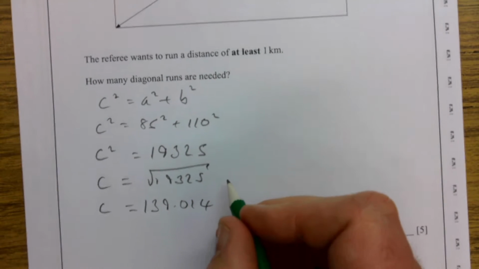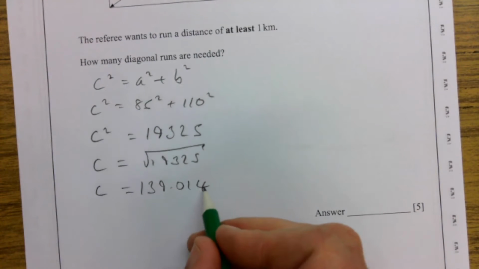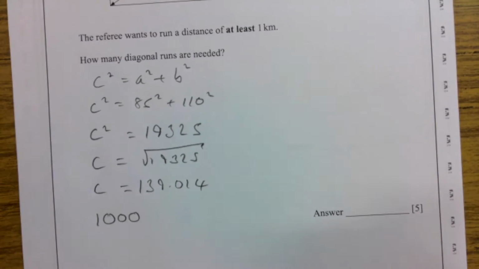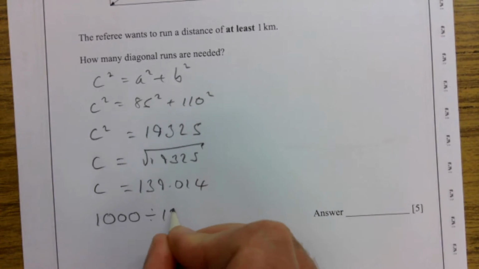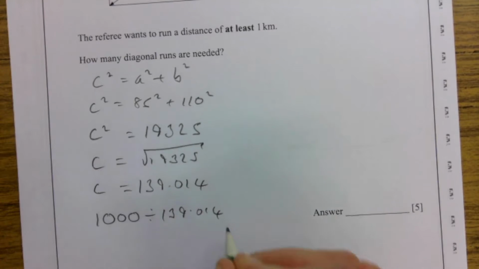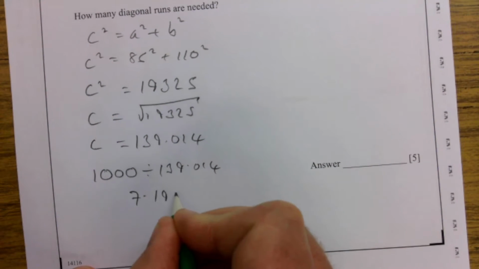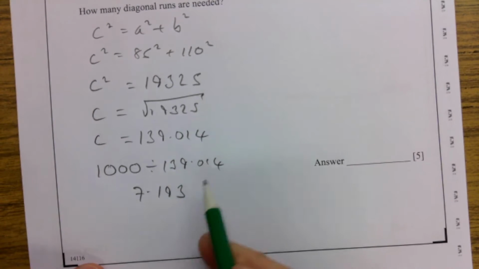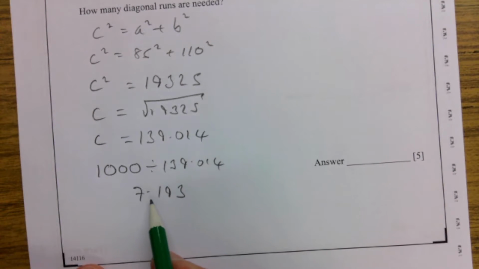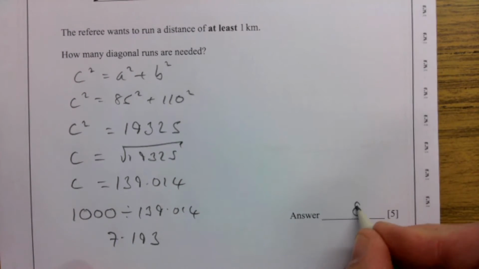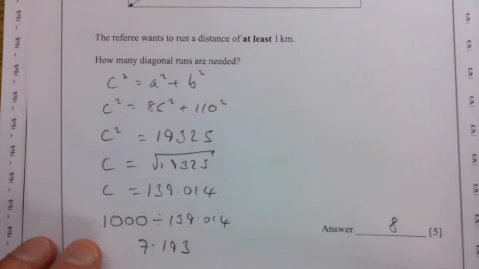So it's 139 metres, so we need to do 1,000, because that's 1 kilometre, divided by 139.014, and you end up with 7.193. So if you do 7 runs of 139, it won't get you there, so you need to do 8 to make sure they've run at least 1 kilometre.